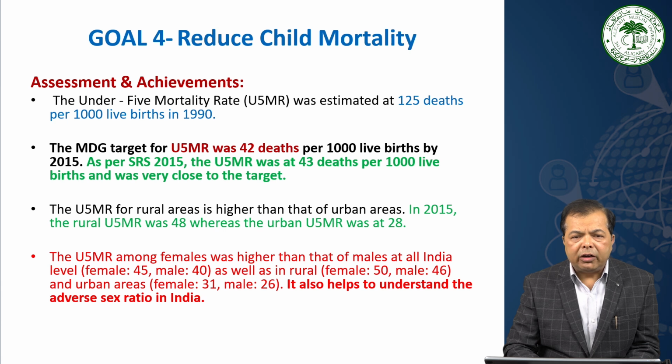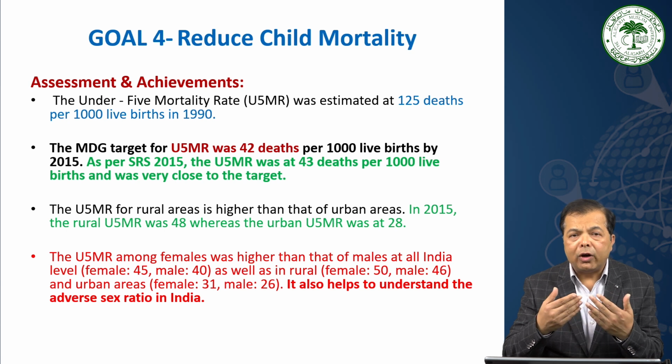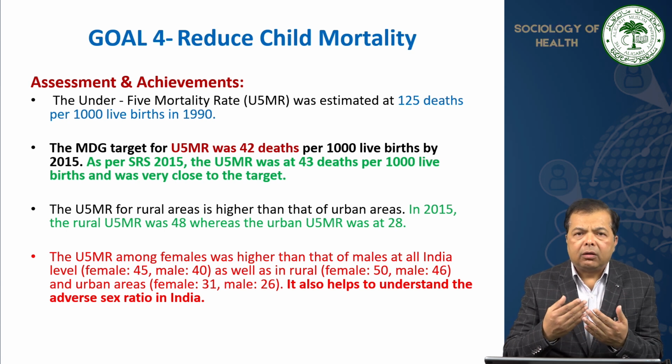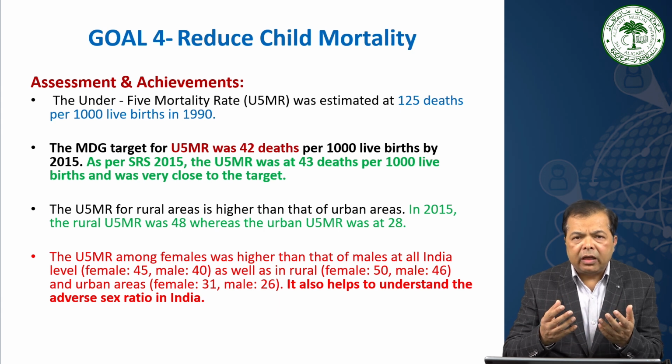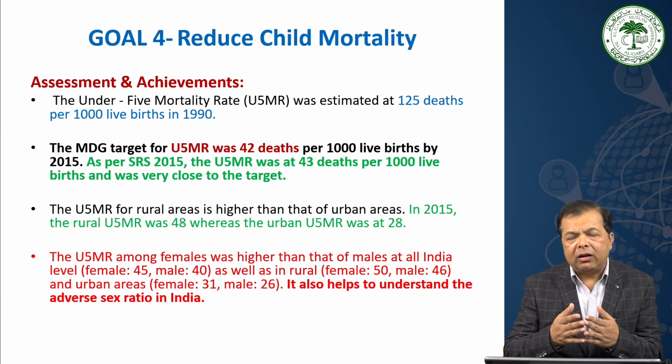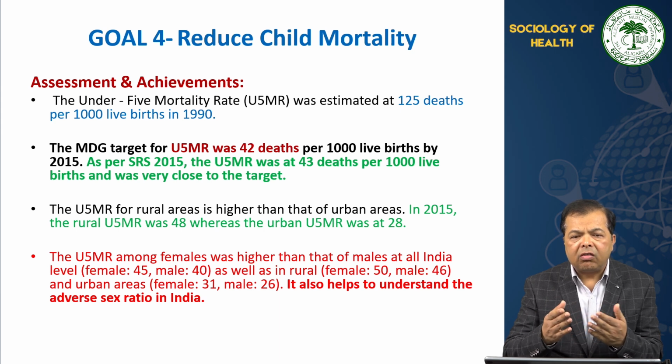The under 5 mortality rate for rural areas is higher than that of urban areas. In 2015, the rural under 5 mortality rate was 48, whereas the urban rate was 28. However, even if we have achieved the target in terms of overall prevalence, we are witnessing the problem of rural-urban disparity, which is quite visible in these figures.